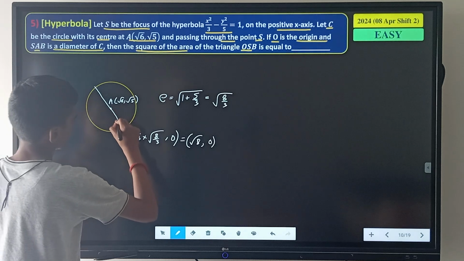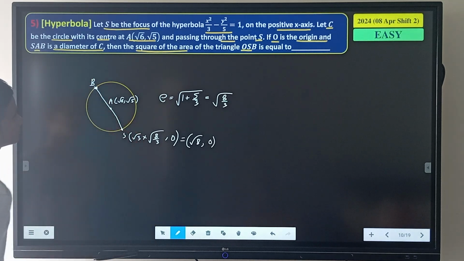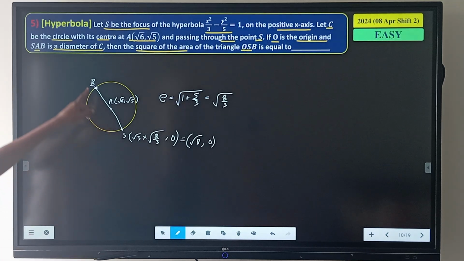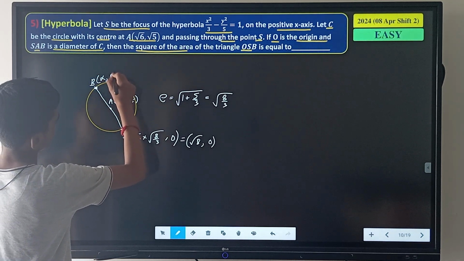Now this is a diameter and it ends at point B. So we know that the midpoint of B and S is A, and let's say that our B is (alpha, beta).